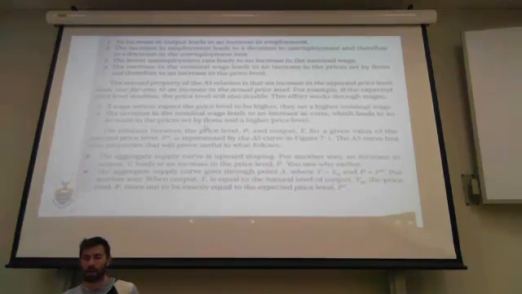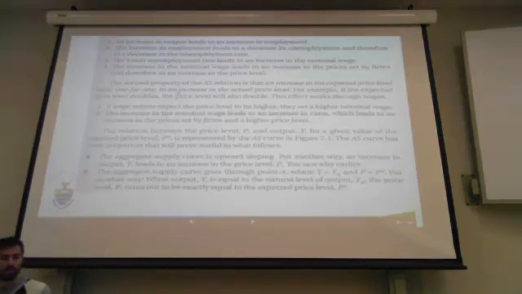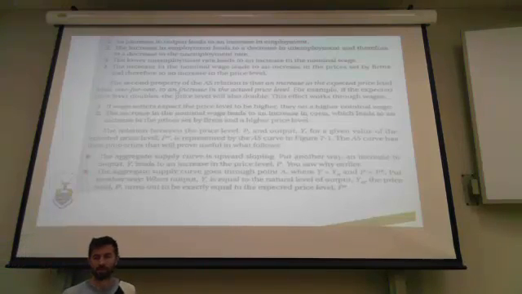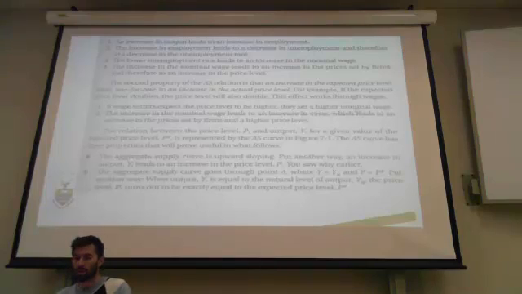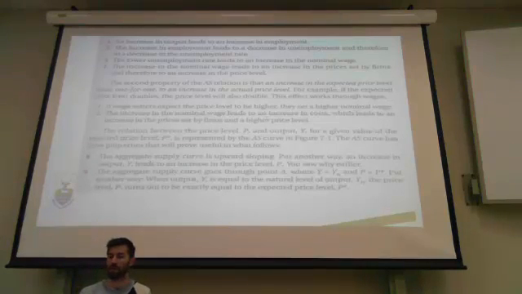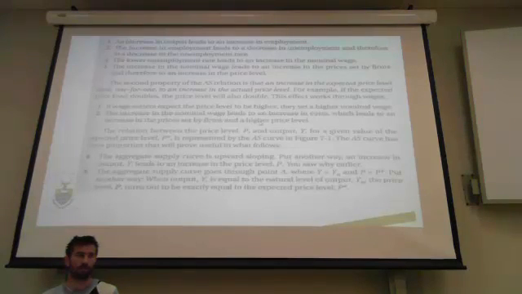There's more to that equation though, because we've also got, as it says here, additionally, if there's an increase in the expected price level, what happens? If wage setters expect the price level to be higher, then we get higher nominal wage demands, and the increase in nominal wage demands leads to increased costs, which leads to higher prices as well.